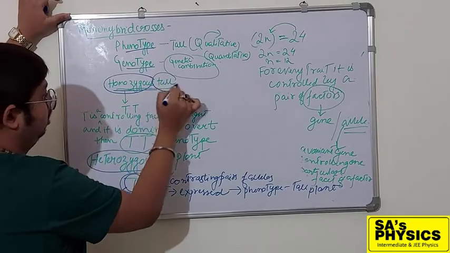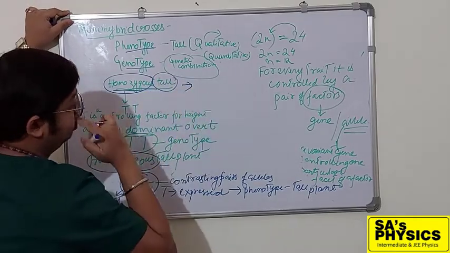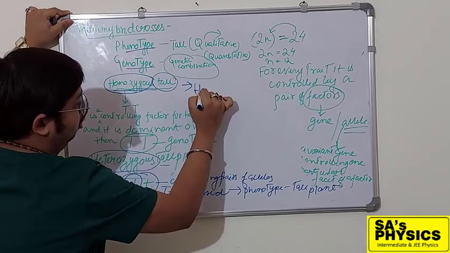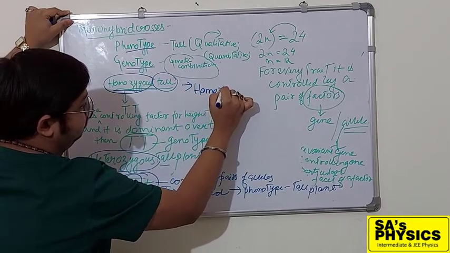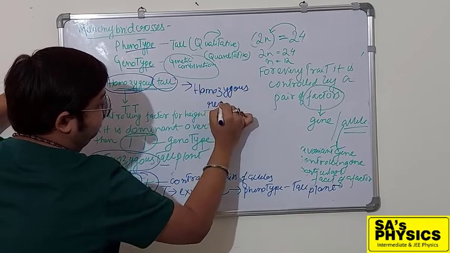Homozygous tall, heterozygous tall. And the third combination will be homozygous recessive.